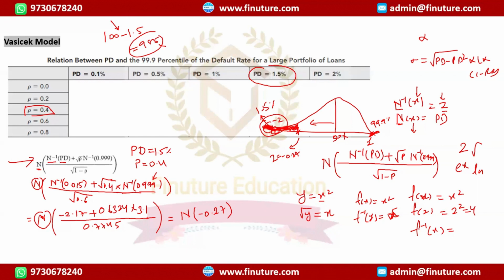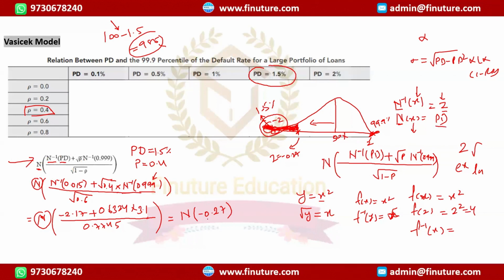I'm trying to get the area under the curve till that z value. When I calculate N of x, it gives me the probability.